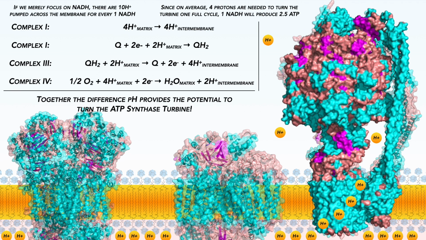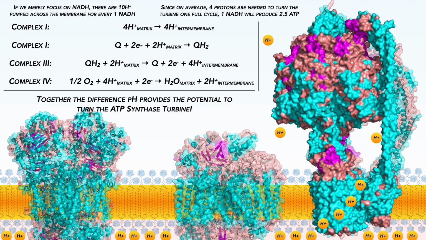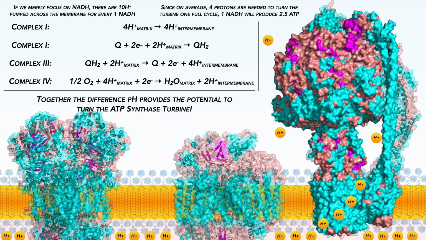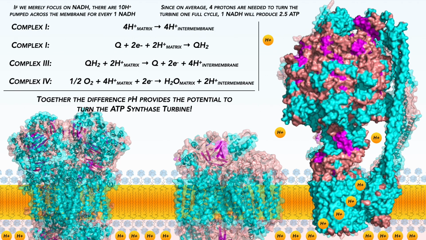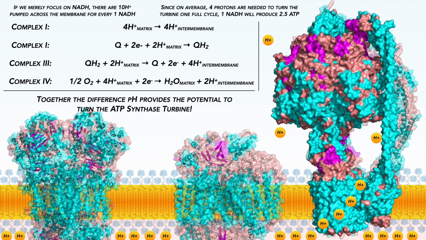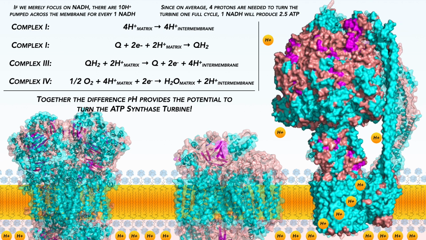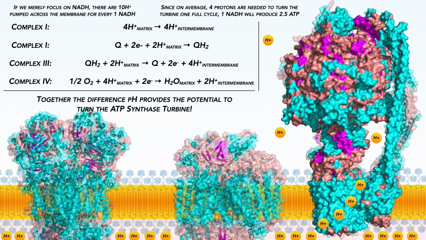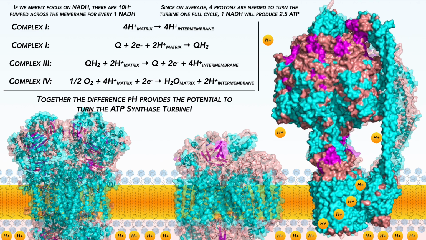And complex 4 pumps 2 more protons while consuming 4 matrix protons during water formation. Because ATP synthase requires approximately 4 protons per ATP synthesized, each NADH produces roughly 2.5 ATP.